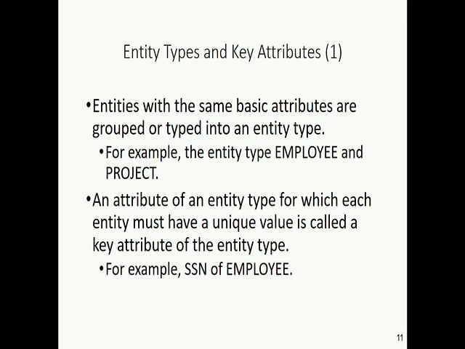So our entity types are our groupings of things: employee, project, student, course, department. So we divide them up. An attribute of the entity type for which each entity must have a unique value is called a key attribute. So, social security number of an employee.